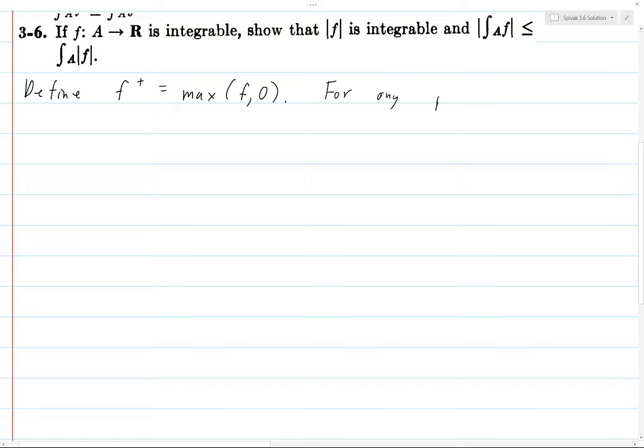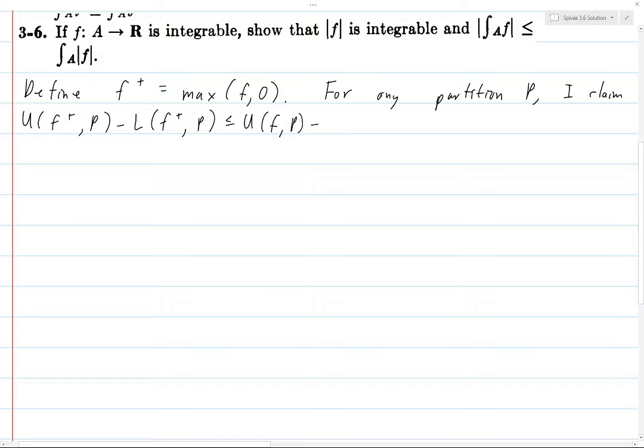For any partition P, I claim, what do we want to prove? We take U(f plus, P) minus L(f plus, P). We want this to be less than or equal to U(f, P) minus L(f, P). And why is this going to be useful?